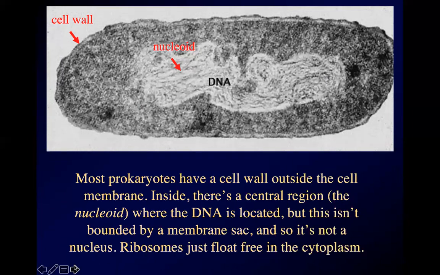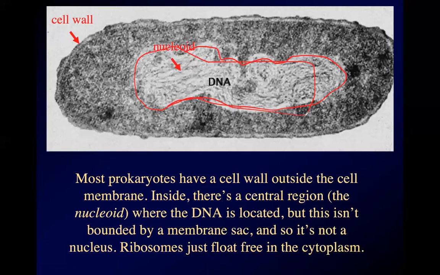And in a typical prokaryote, there's kind of a central area where the DNA is located. All of this, kind of whitish looking, vaguely stringy, spaghetti-like stuff, that's bacterial DNA. And that area is called a nucleoid, but not a nucleus because it's not bounded by a membrane sac.